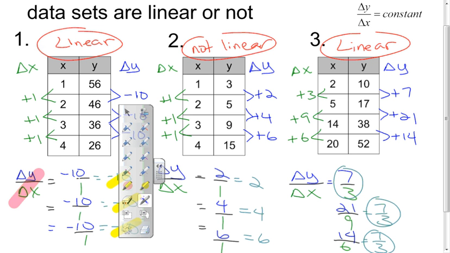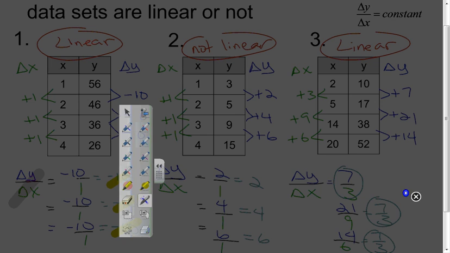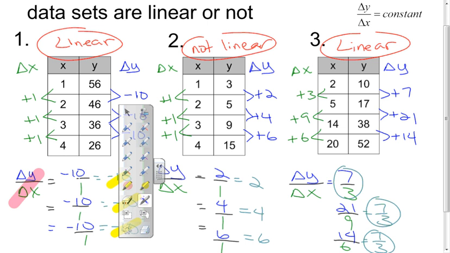And then this last one, although it is linear, it's not as easy to see because the values of the deltas are changing. But again, you have to examine the ratios. When you look at the ratios, they're all 7/3, which means constant. And that means it is going to be linear. So feel free to watch this again, practice all you want, and enjoy.